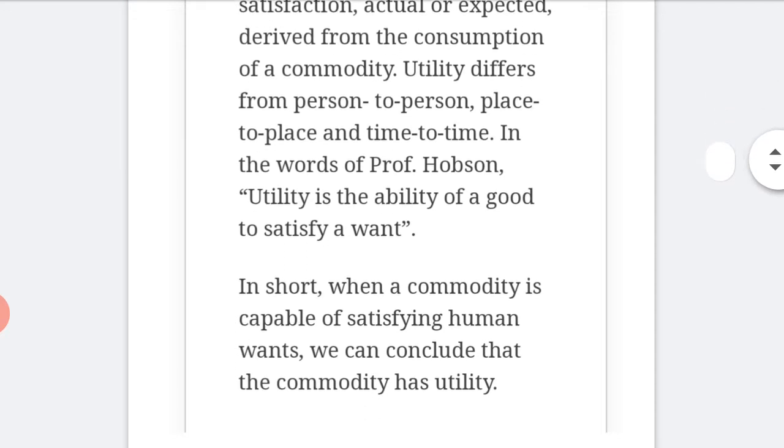The question arises, how is utility measured? We already know about the two approaches. One is the cardinal approach and another one is the ordinal approach. In the utility approach, utility is expressed in terms of cardinal analysis. That means numbers are used here, 1, 2, 3, 4 like this, so they can be added, divided, multiplied and subtracted.